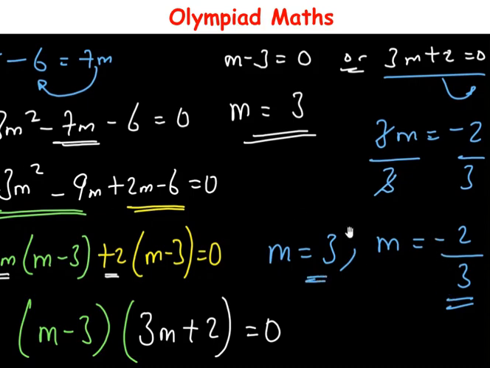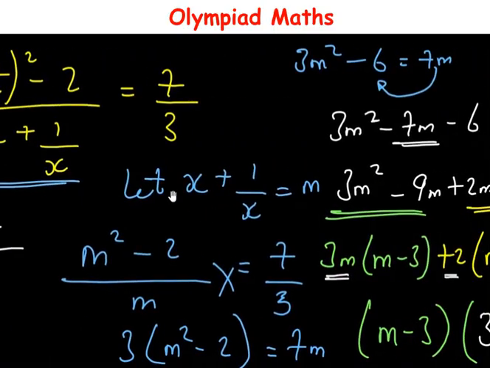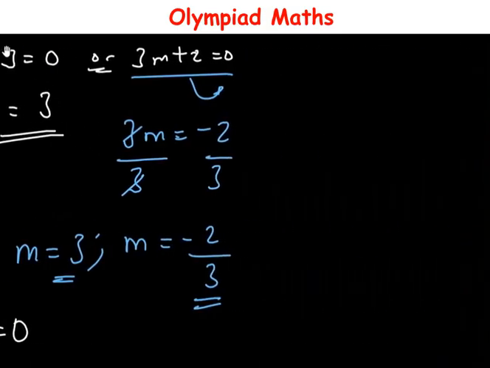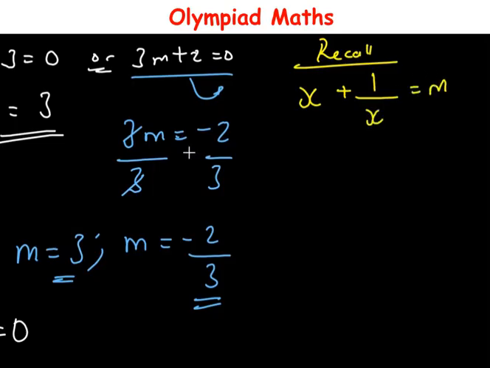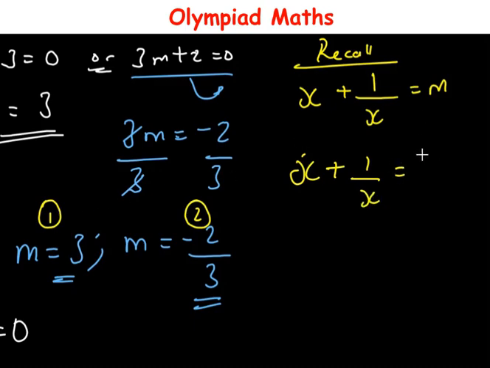Good, but the goal is to solve for x. Recall that we said let x + 1/x equal m. And here we have two values for m. Inputting the first value of m into this equation, we have x + 1/x equals 3.